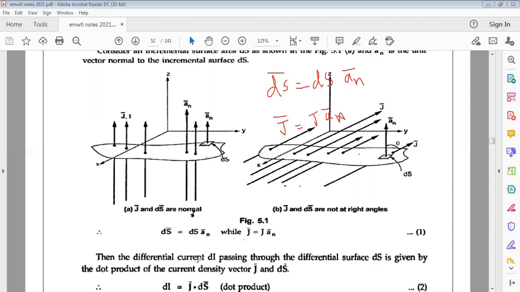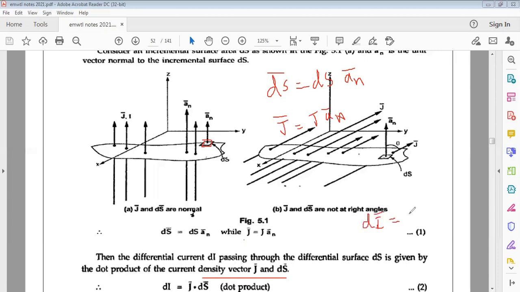Then the differential current di passing through the differential surface ds is given by the dot product of the current density vector J bar and ds bar.